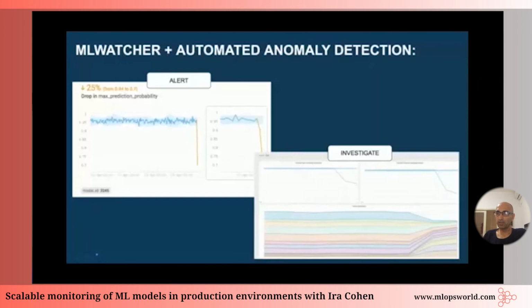The next question, what does traditional DevOps mean to model monitoring? I think as time progresses, we'll see DevOps be involved more and more in model monitoring. This is a relatively new area, and DevOps are not used to seeing a lot of machine learning in production unless you're in a company like Google or Facebook, that has been doing a lot of machine learning for a long while already.